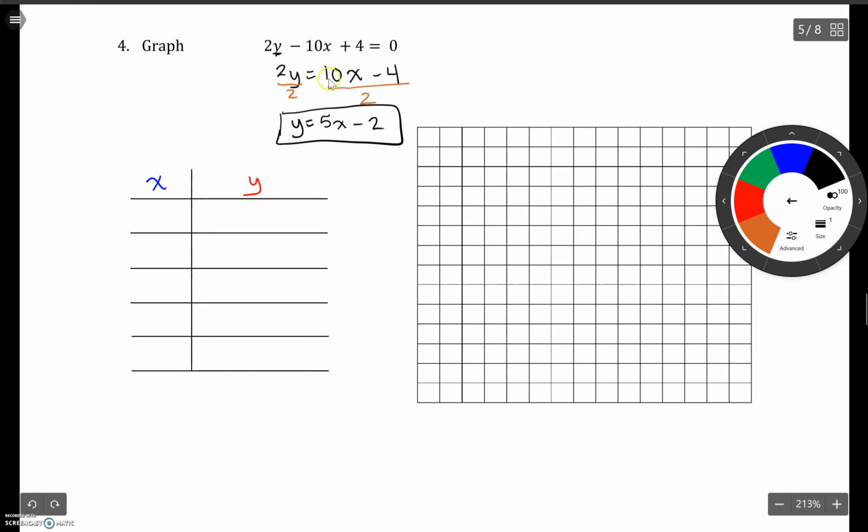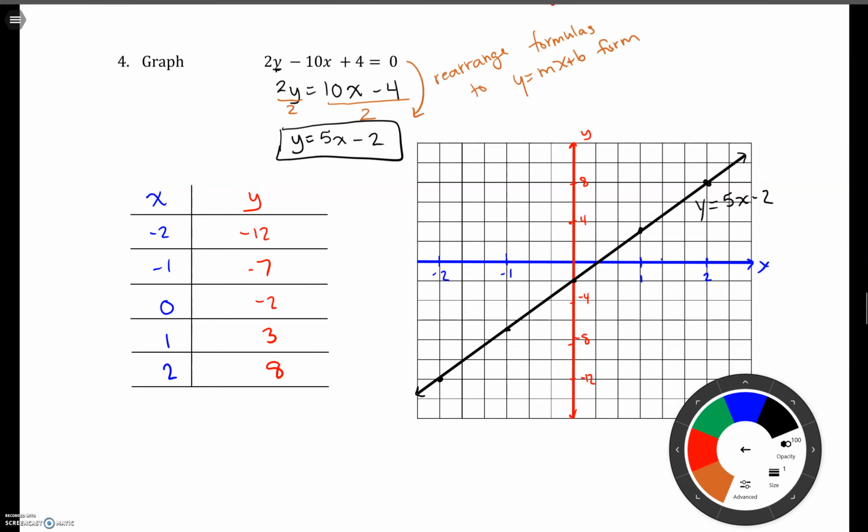If you need to review your algebra before moving on, feel free to go back and look at those module 0 algebra review pieces as well, or speak to the instructor or your tutor. Okay, so the graph of 2y minus 10x plus 4 equals 0 is the same as the graph of y equals 5x minus 2. And you have your example here.